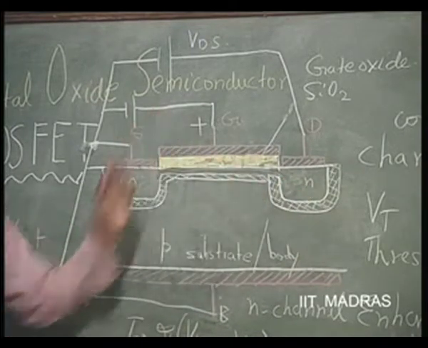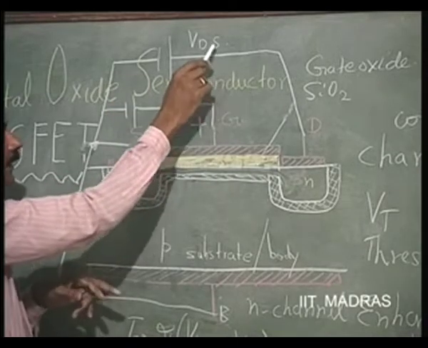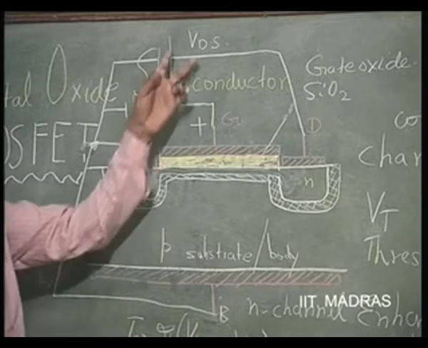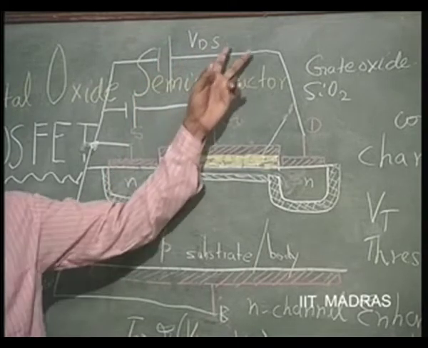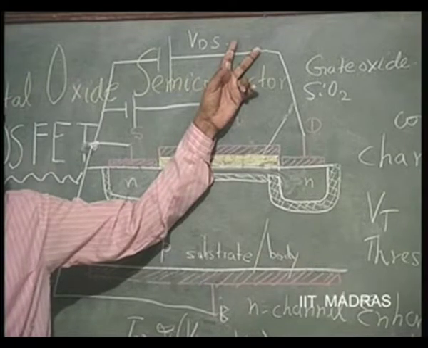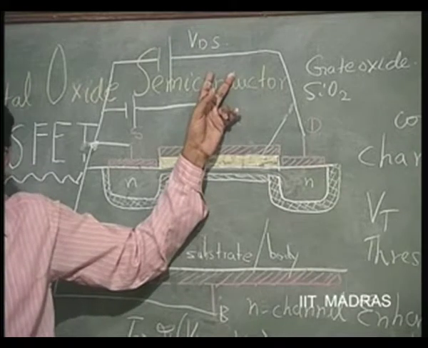Suppose this voltage, that is VDS minus VGS, let us say VDS is equal to VGS, then the voltage applied is 0. That means, you have already gone to a state of 0 voltage between this and this. It has stopped conducting long ago, even prior.